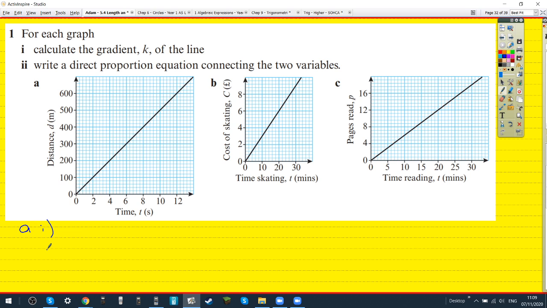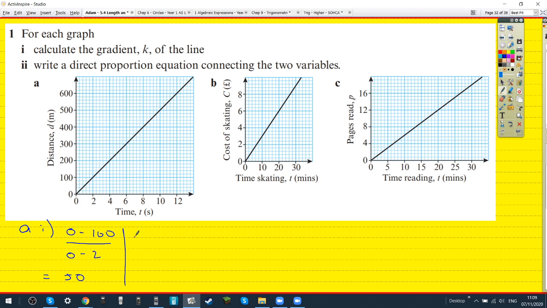So it'd be 0 minus 100 over 0 minus 2. Okay. Which is 50.